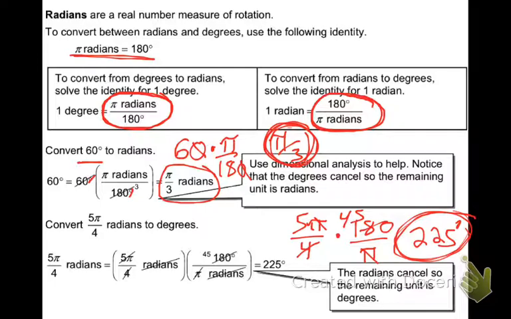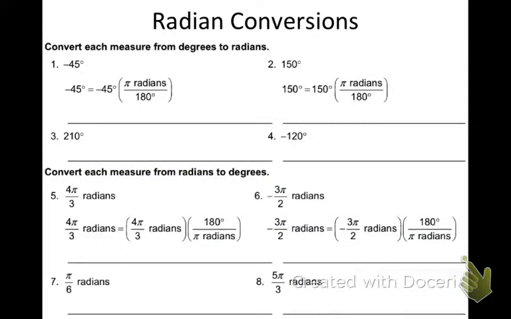All right? So let's look at number 1 here. Negative 45. I want to convert each measure from degrees to radians. So it's negative 45 degrees, and I want to convert that to radians. I'm going to take that times pi over 180, so I get negative 45 times pi over 180.